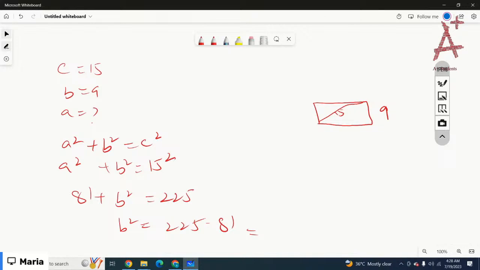So 225 minus 81 is 144. So b square equals 144. That means b equals 12. So the correct option is 12.